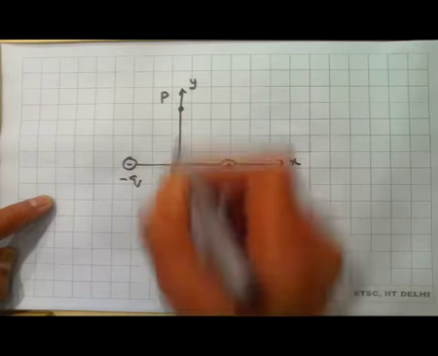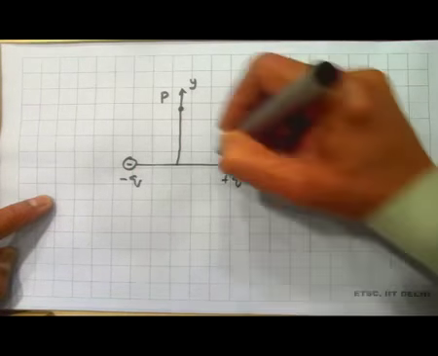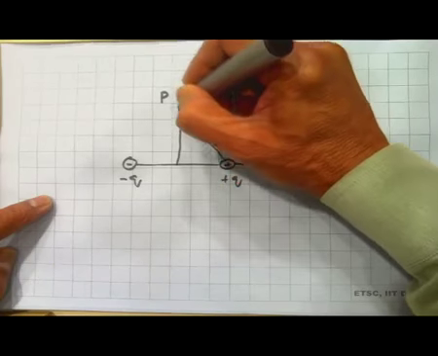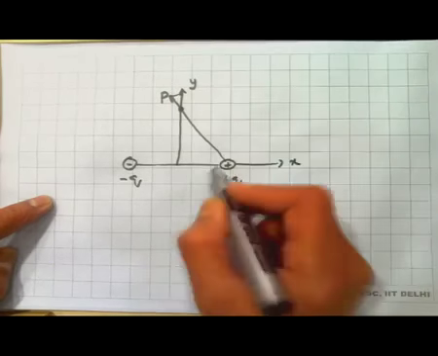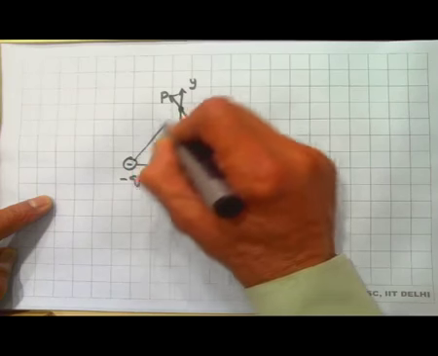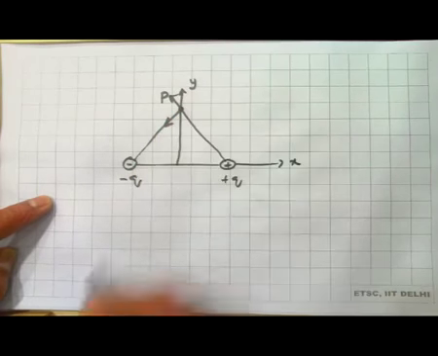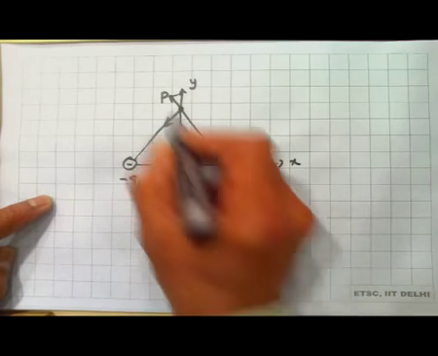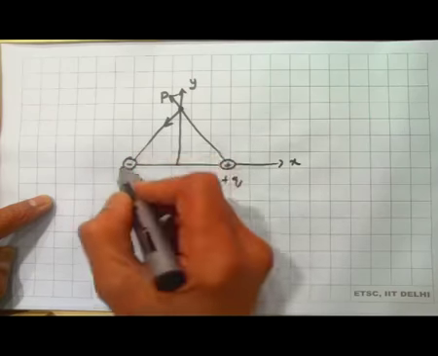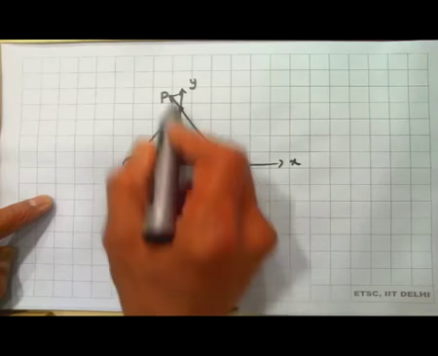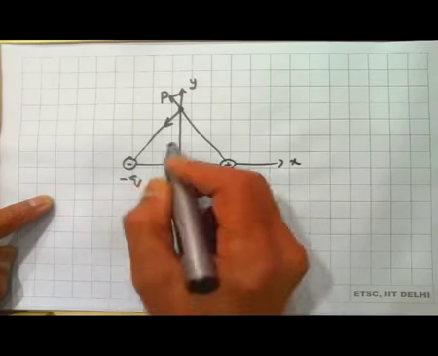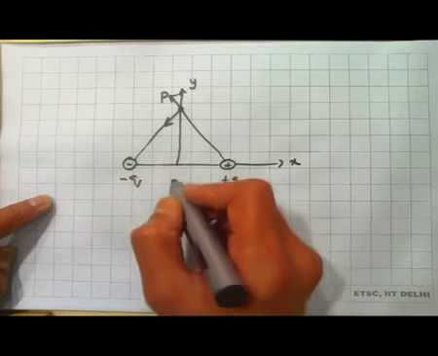So, remember, this particular charge will produce an electric field in this direction, this particular charge will produce an electric field in this direction. So, the electric field is directed towards the negative charge because of the negative charge, and away from the positive charge for a positive charge, and this is on the equatorial plane here.